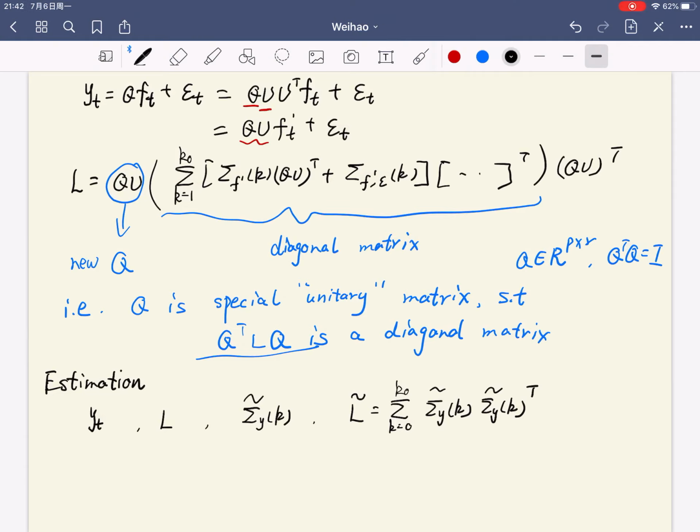Then we can perform eigenvalue decomposition of this sample L.